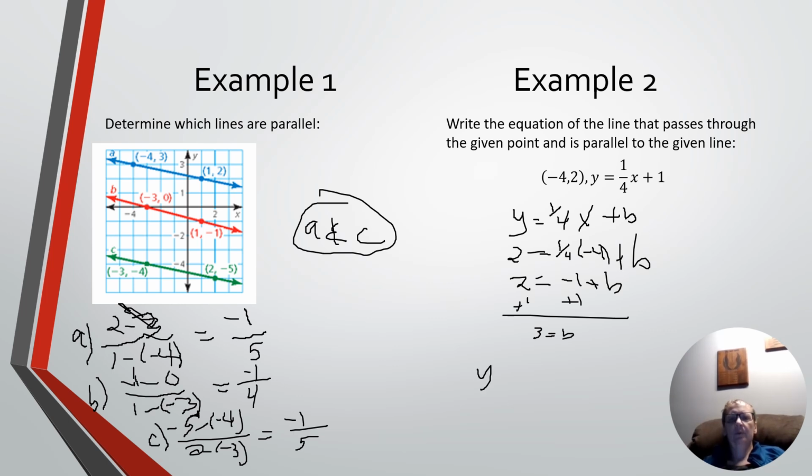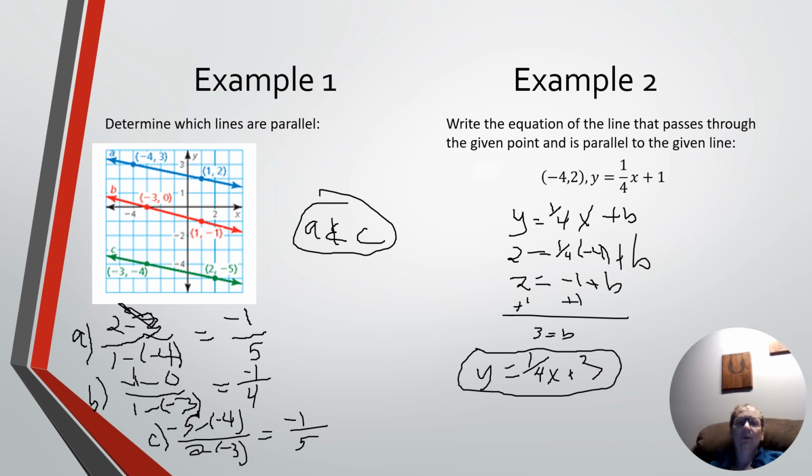So I know the slope is 1/4, so I get y equals 1/4 x plus b, which is 3. This is the other reason I had you learn how to do it this way, because this works way better than point slope form for parallel and perpendicular lines. You can't really use point slope form because, well, you can, but it's just easier. So there you go.